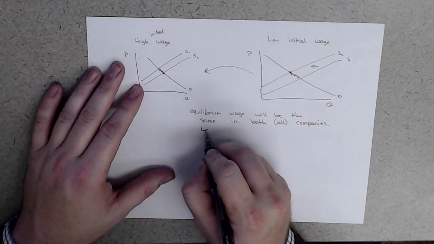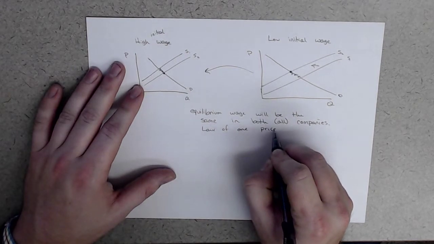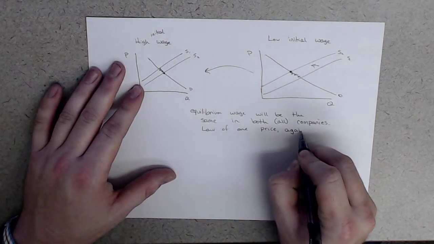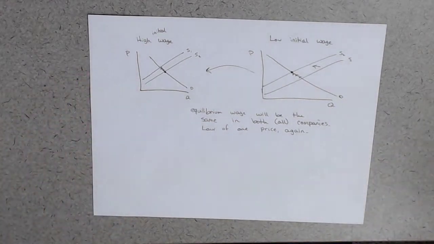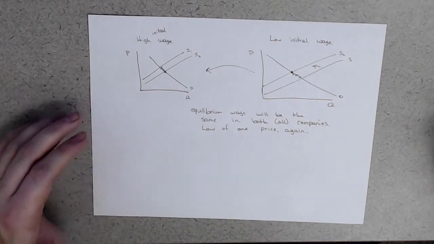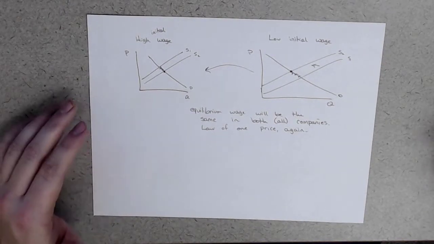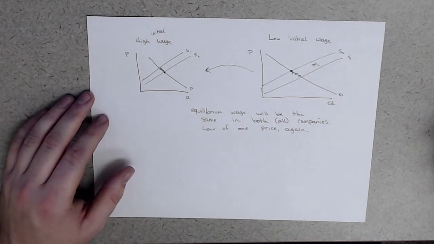All right, this is just the law of one price again. Right? And so as a result, in this hyper-stylized world, the wages across all firms would eventually be exactly the same, meaning that every job will be exactly the same in every way as every other job.